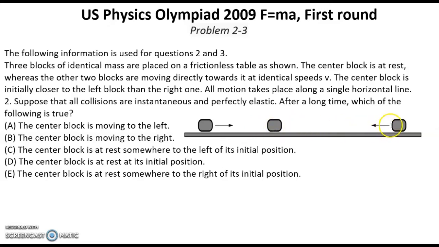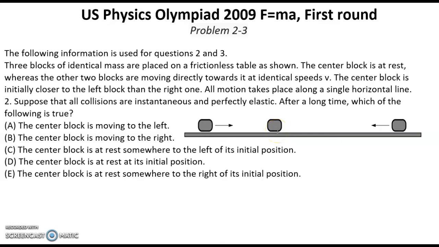After that, it collides with the right block. They will exchange velocities, and now the right block is going to the right and the center block is going to the left, and it will meet the left block exactly in the same place where they first collided.